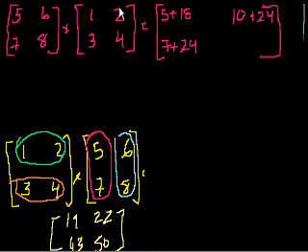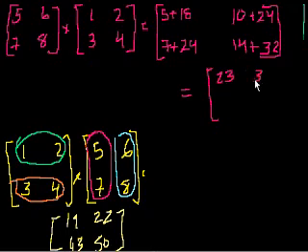So it's 7 times 2, which is 14, plus 8 times 4, which is 32. So this is equal to 5 plus 18 is what, 23, 34. What's 7 plus 24? That's 31, 46.